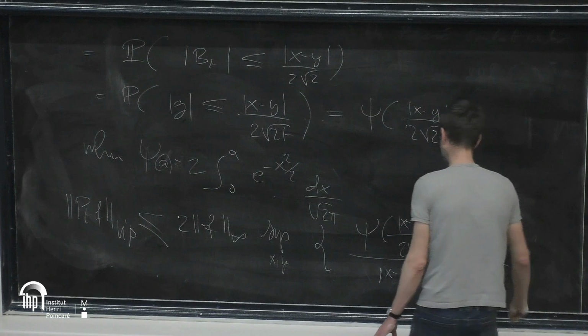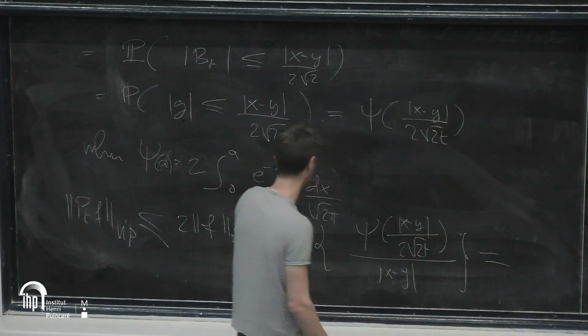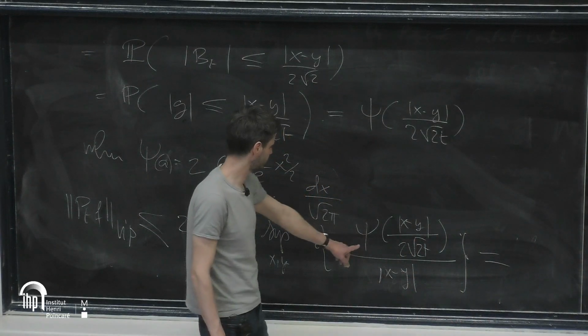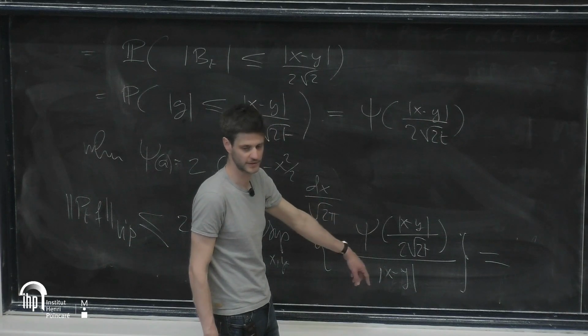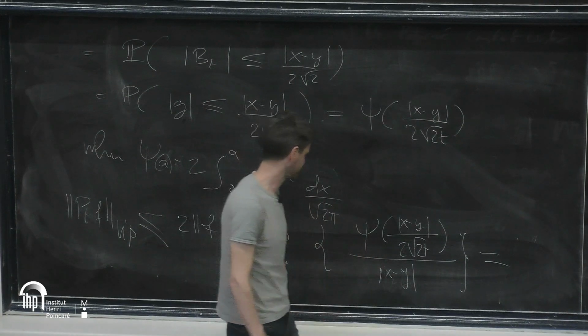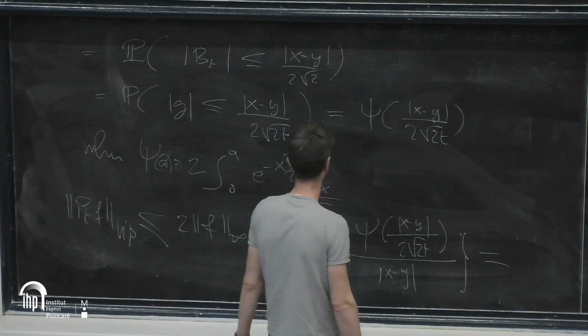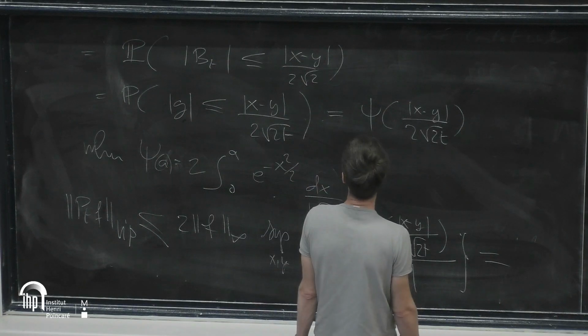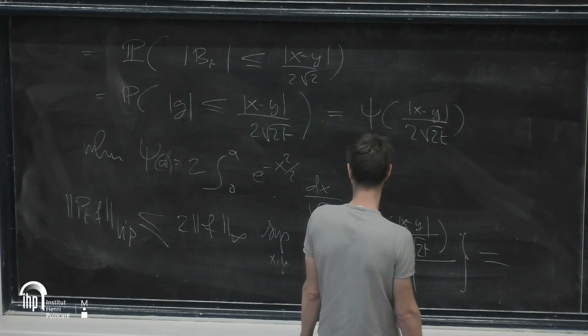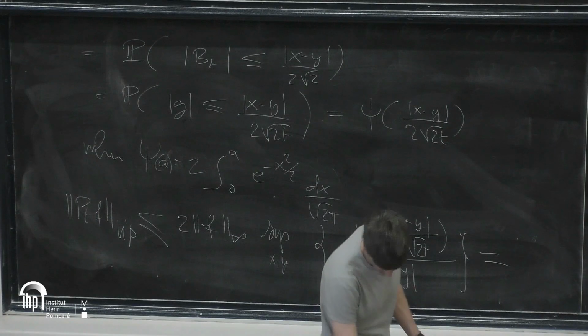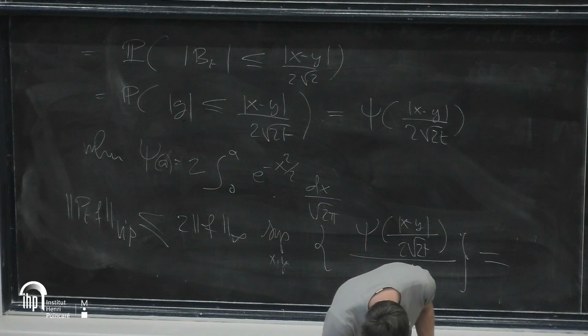But this phi function here, the supremum of phi of a divided by a is something confusing for me.